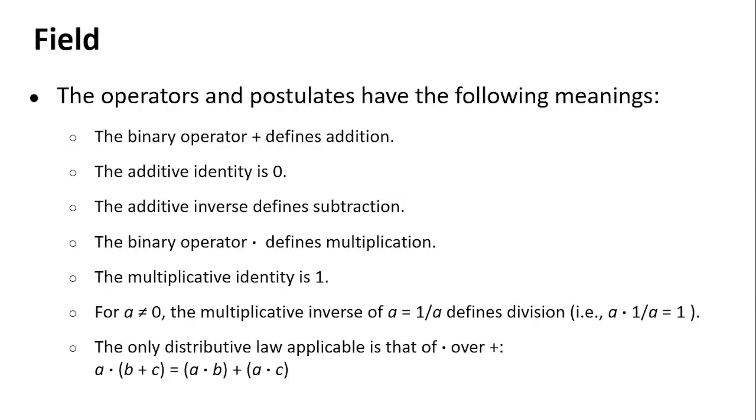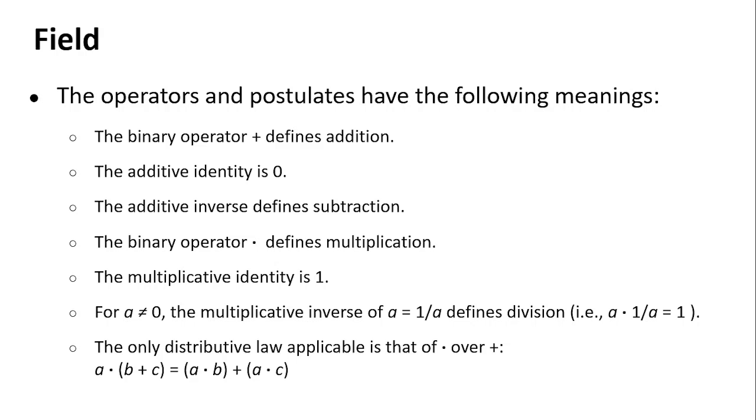The plus operator is nothing but addition, and the additive identity, we know, is 0. The additive inverse is the subtraction. In terms of multiplication, the dot operator, the multiplicative identity is 1, and if the element is not 0, then the inverse is 1 over that element.